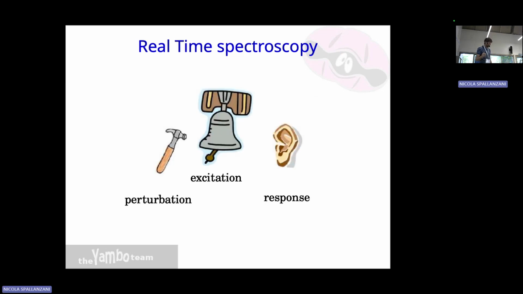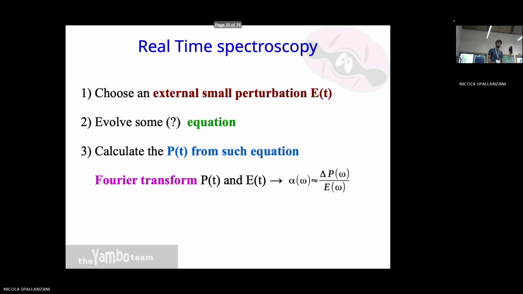However, one alternative approach, which is based on real-time spectroscopy, is much closer to what is done experimentally. Experimentally, you cannot directly test the response function. What you do is take a material, apply a perturbation, usually an electric field, and then measure the response. From that, you extract the response function of the system.